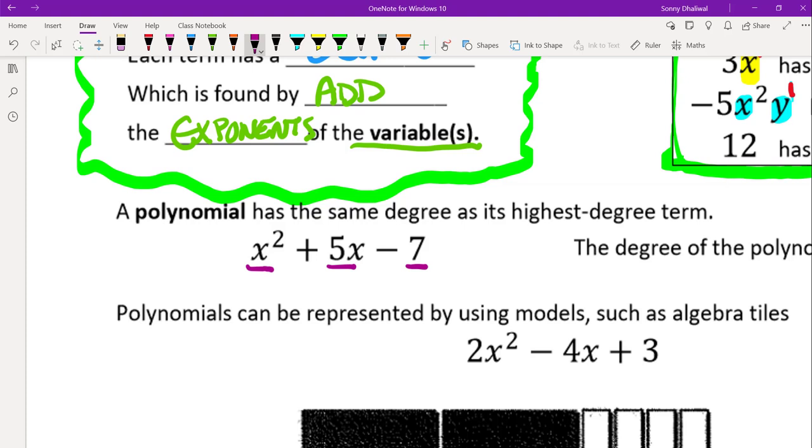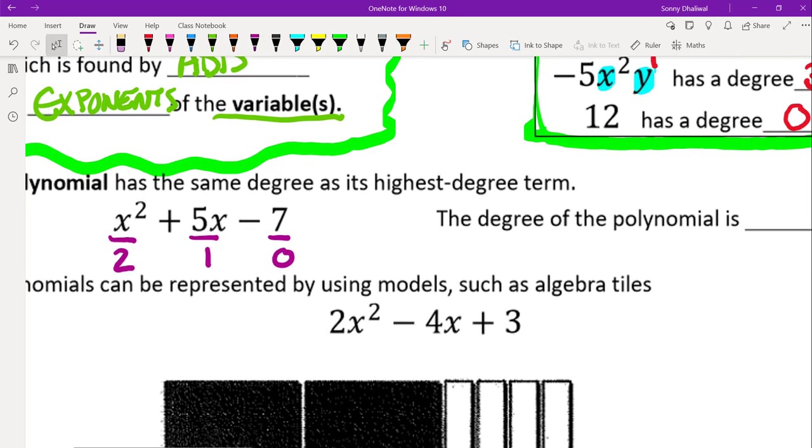So here, we identify the terms, which we did. And now we find out what's the degree of the first term. What do you think, Sartaj? 2. Okay. What's the degree of the second term? 1. What's the degree of the third term? 0. So the degree of this expression is the highest degree, which, in this case, is 2, the biggest one.